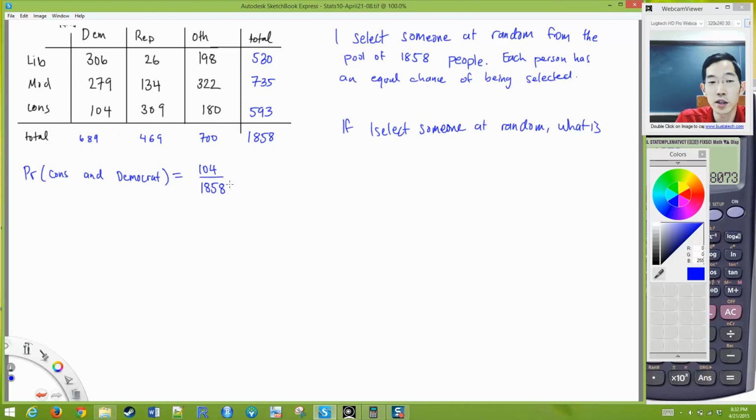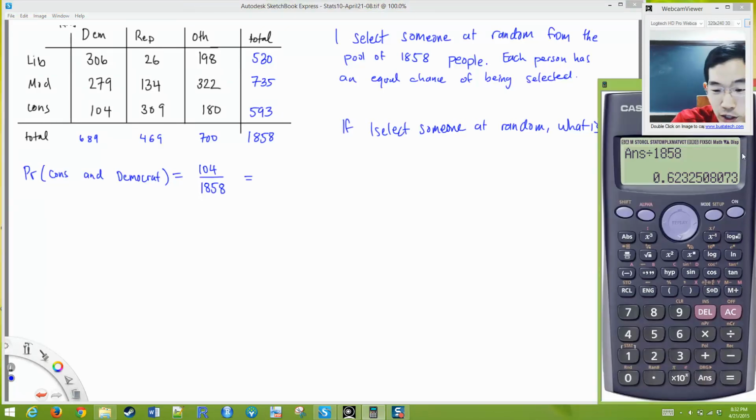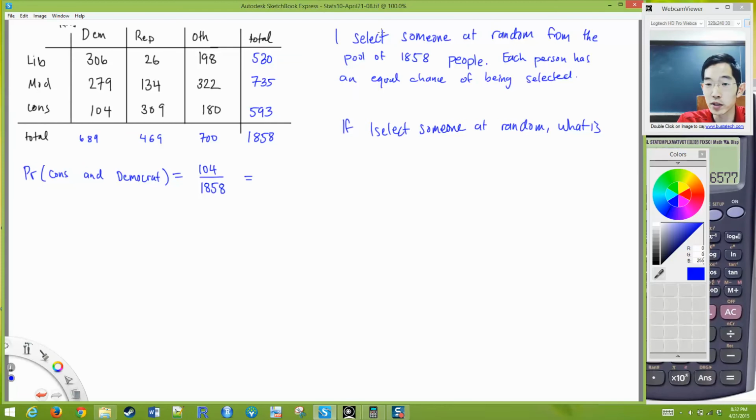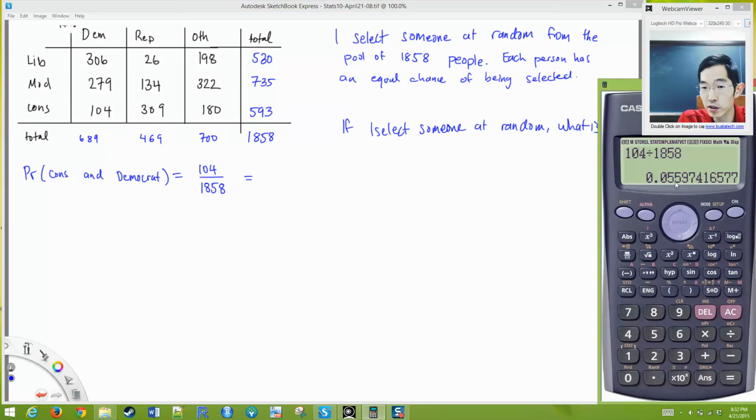So the answer to this question is 104 divided by 1858. Is that okay? Some people brought up some other fractions which would be valid answers to other questions, and we'll go over those after the break, okay? So the answer to this is 0.0560.